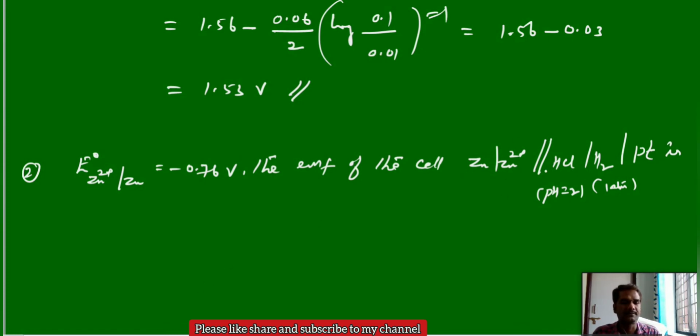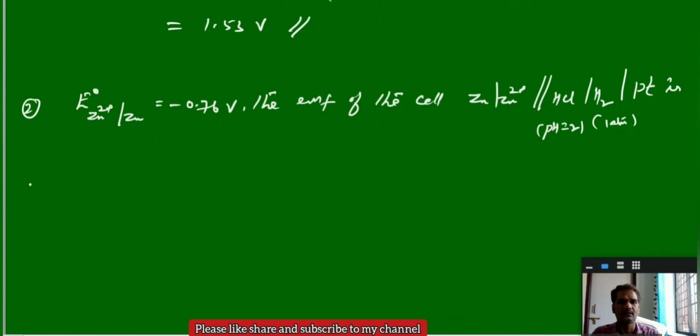Next, the EMF of this particular cell, whose reduction potential values are given, along with the pH of HCl and hydrogen partial pressure. In this case, how to calculate? Again, you can write the cell equation.